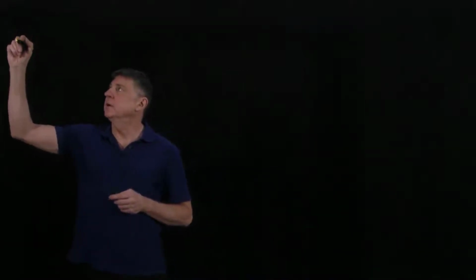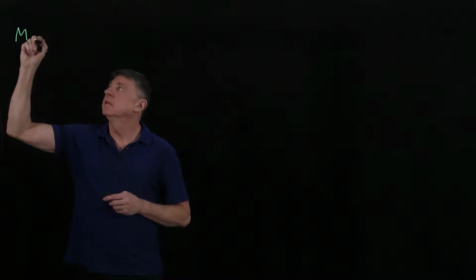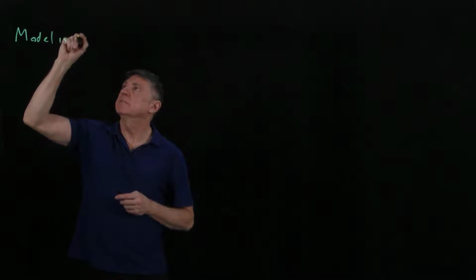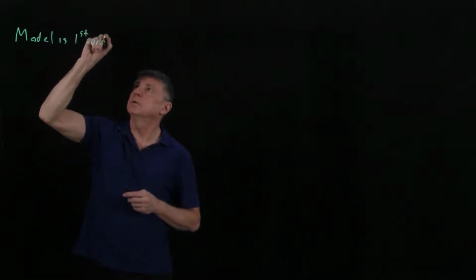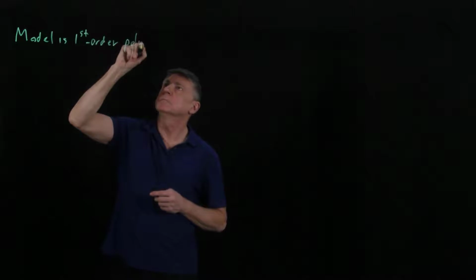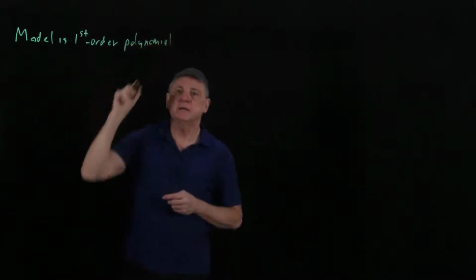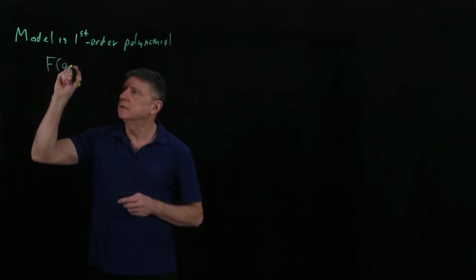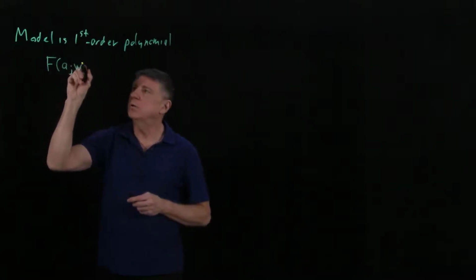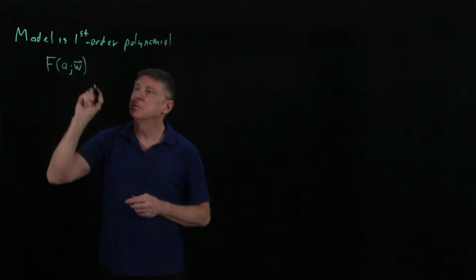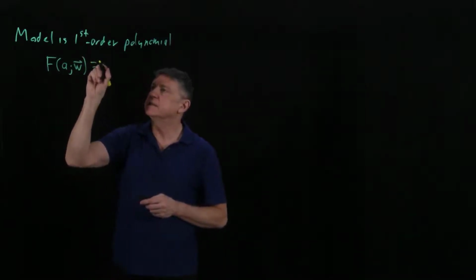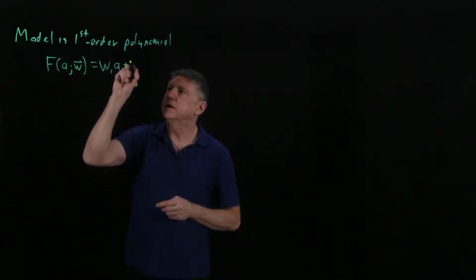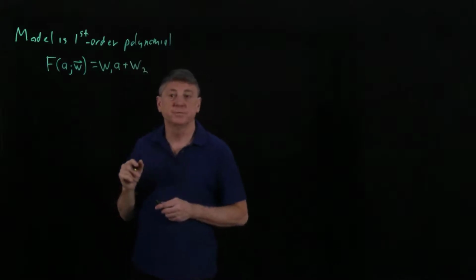For that data that we just examined, the model is a first order polynomial. And that means that for a given observation, now we need more than one parameter, we'll say that this is W1 times our observation with an intercept term of W2.